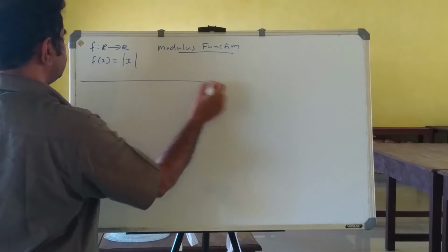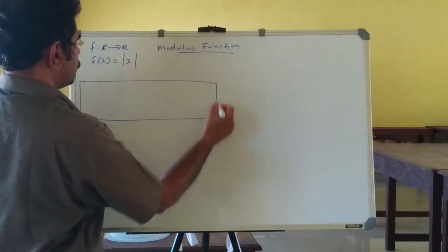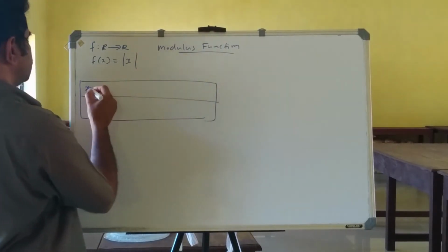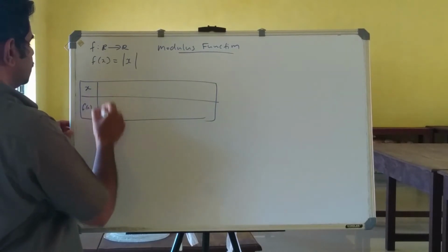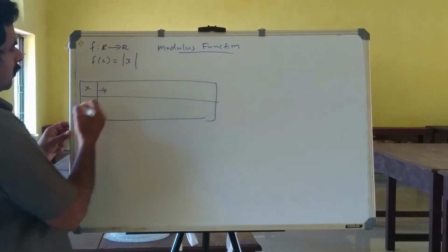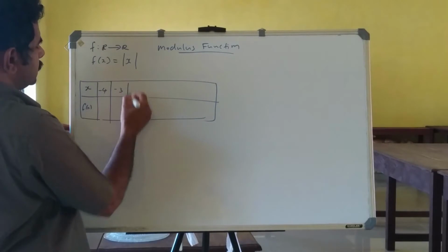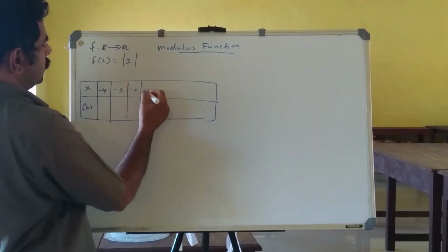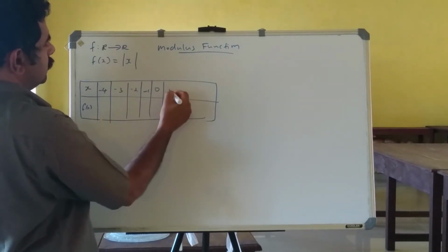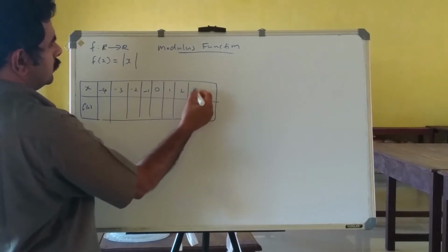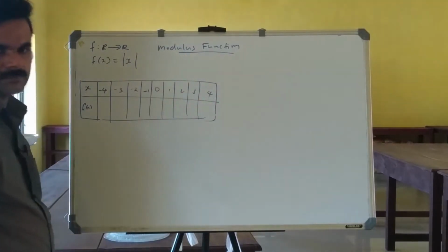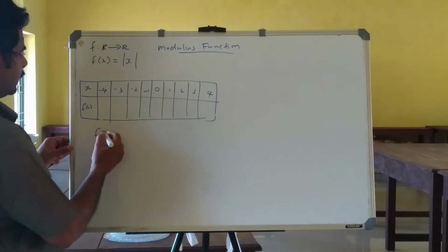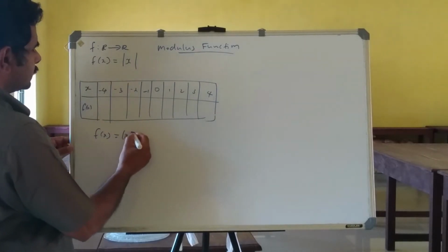Then mark the points x, f of x. Let us take from minus 4 onwards: minus 4, minus 3, minus 2, minus 1, 0, 1, 2, 3, and 4. Here f of x is taken as mod x.